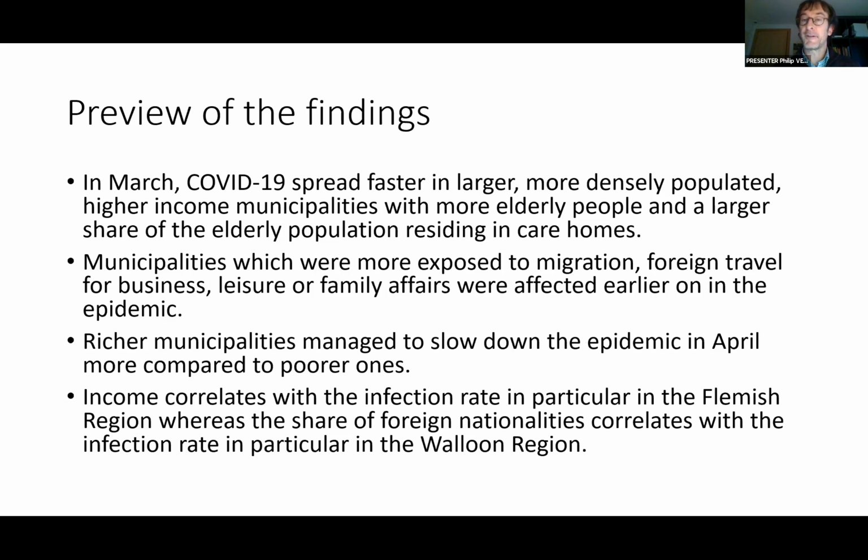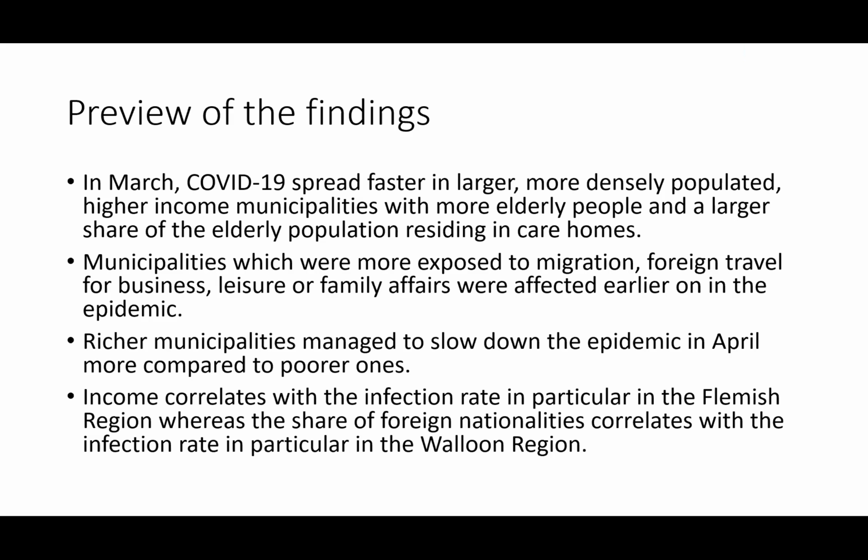Municipalities which were more exposed to migration, foreign travel for business, leisure, or family affairs were affected earlier on in the epidemic. Richer municipalities managed to slow down the epidemic in April, more compared to poorer ones. And income correlates with the infection rate, in particular in the Flemish region, whereas the share of foreign nationalities correlates with the infection rate, in particular in the Walloon region.